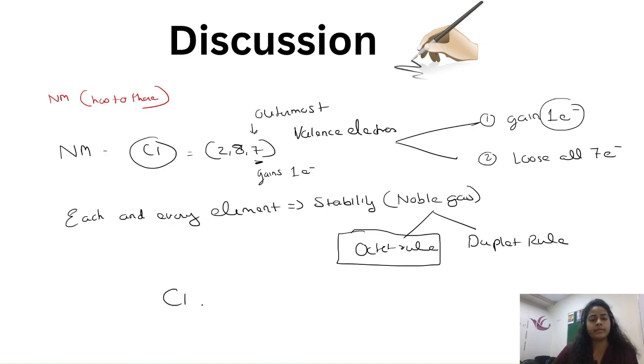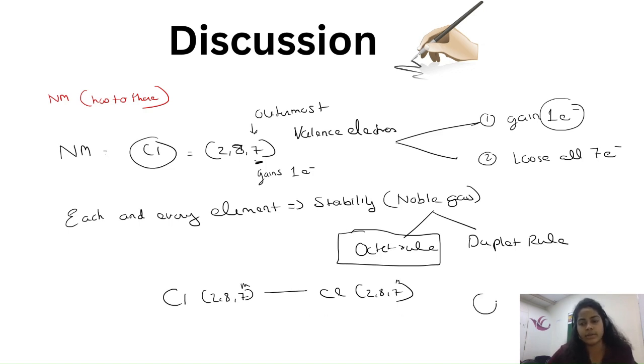So chlorine, that is 2 8 7, will bond with another chlorine, that is again 2 8 7. And how is it bonding? The 7th electron here and the 7th electron there get bonded.